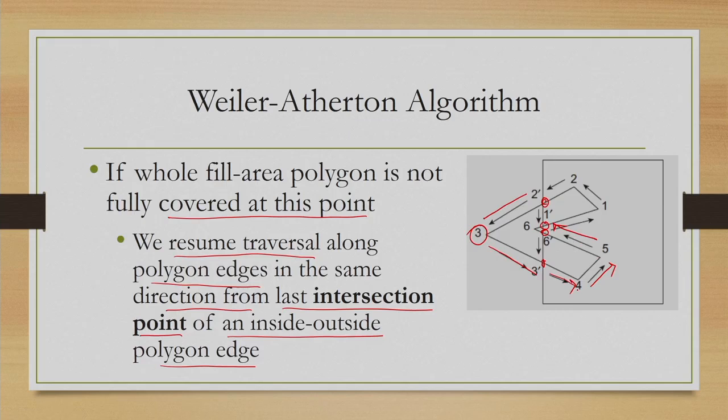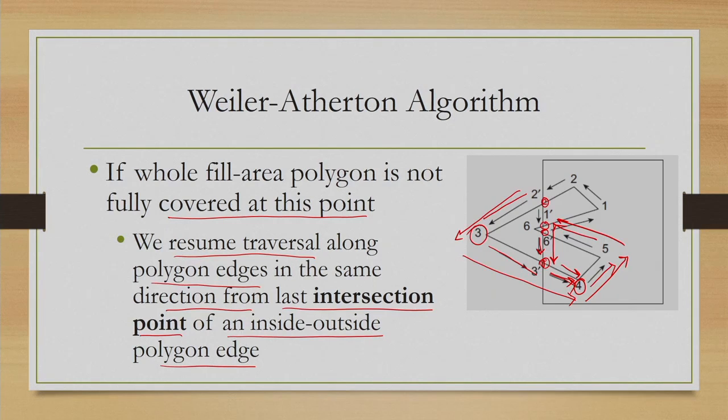In the earlier case it was outside to inside, here it is inside to outside at 6 dashed. So, now we traverse along the edge, then we encounter this intersection point again, this is from outside to inside. So, now we resume our traversal along the edge. Finally, we traversed this direction, this direction, this direction, then this direction, then this direction. Now, since we have already encountered 4 before, we stop our traversal here when we encounter 4.